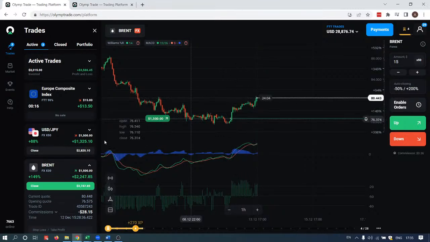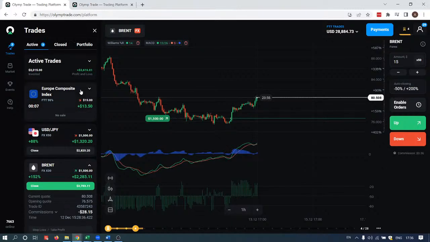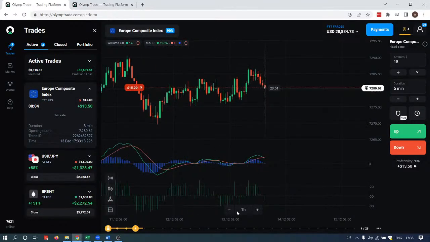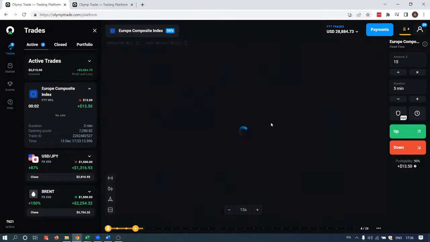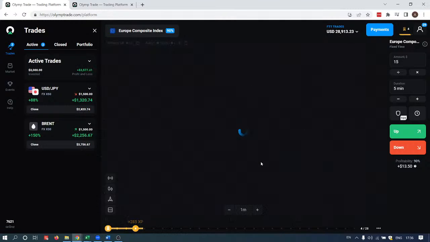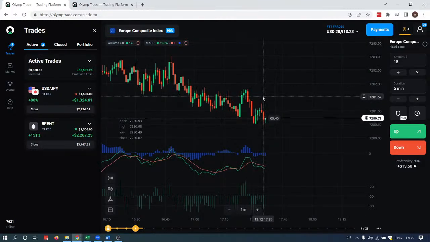So far I'm making this profit. On Brent, I should already bring my stop loss to at least 50% profit. From a profitable trade like that, you never want to go back to zero. You always want to take at least 50%, or at least a third of your unrealized P&L.